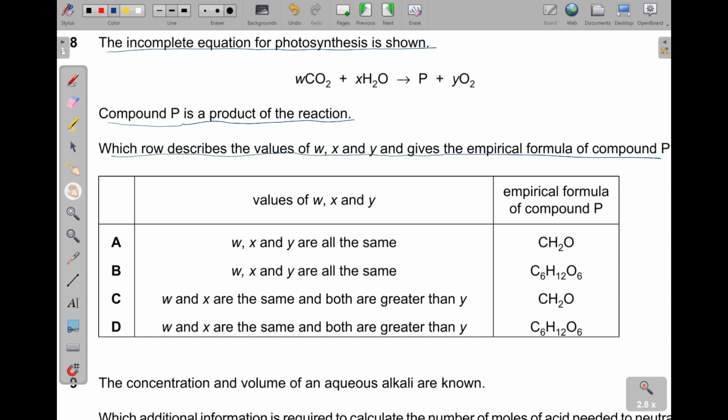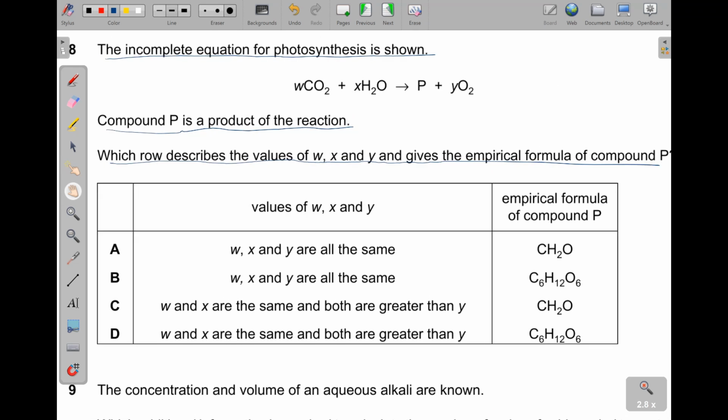It has to be glucose. And glucose is C6H12O6. That is the molecular formula.